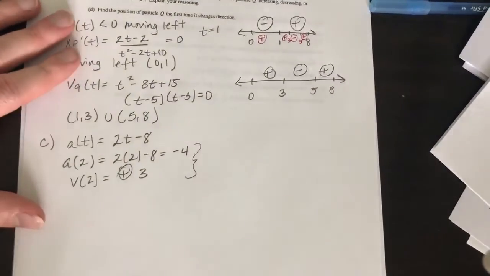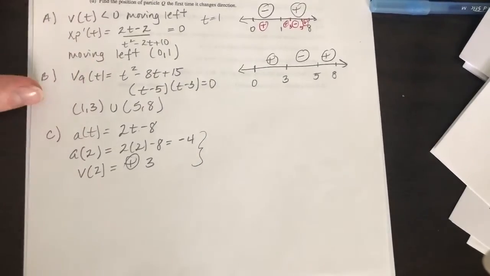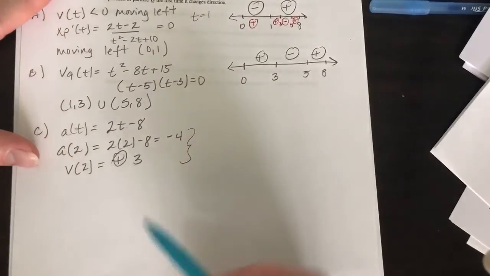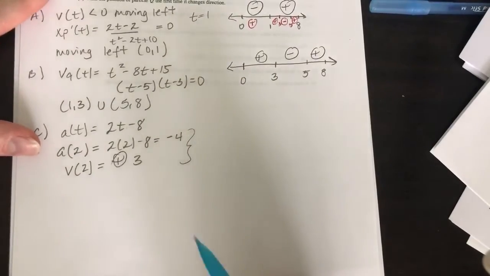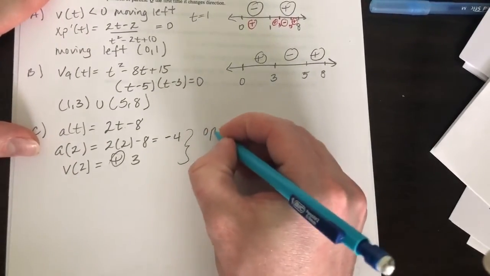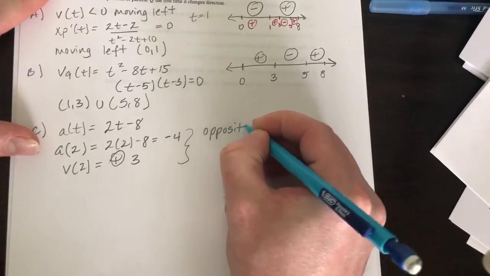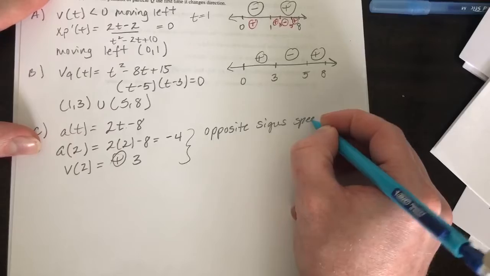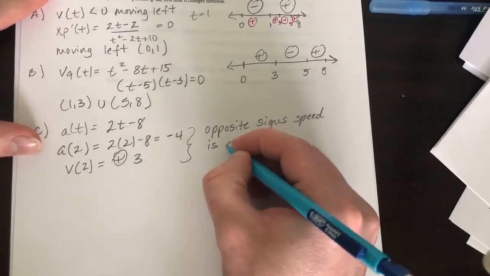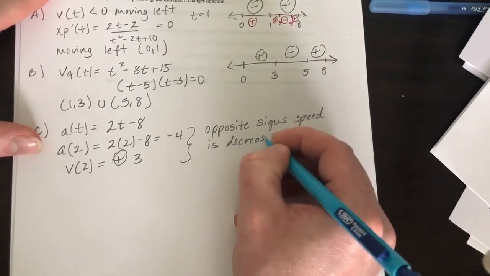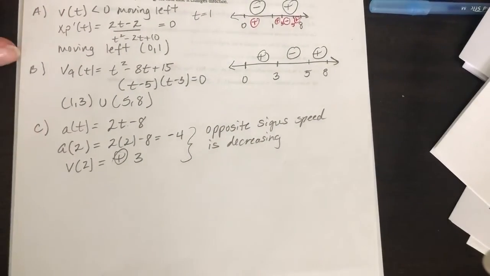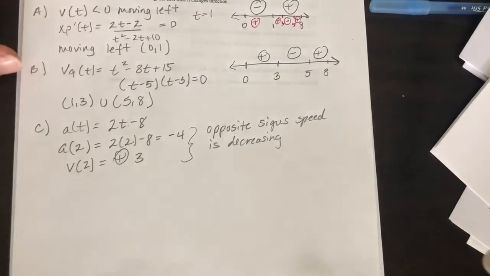Or you can just look at the sign. Remember, if they were the same signs, the speed is increasing. Opposite signs, speed is decreasing, or slowing down. That's fine with me, however you want to say that.